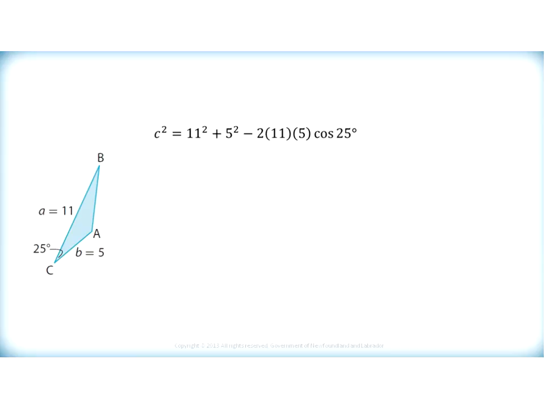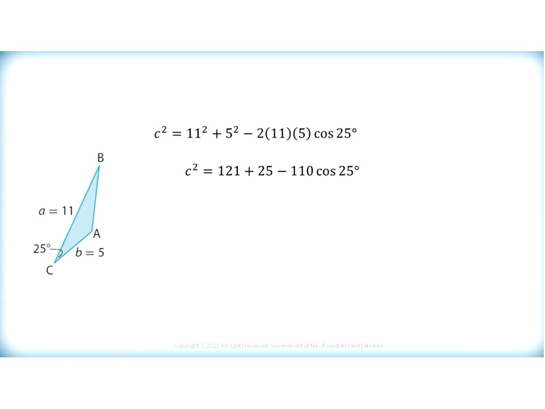So I use that version of the cosine law. I'm going to plug this information into my calculator. I'm going to do it a bit at a time this time. So c squared is equal to 121. 11 squared is 121. Plus 5 squared, which is 25. Minus 2 times 11 times 5. I simplify that into 110 times cos 25.